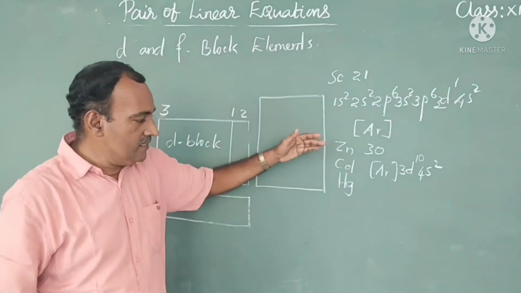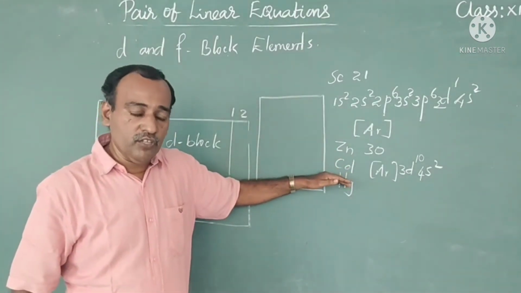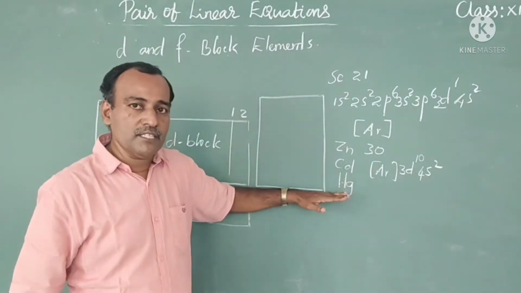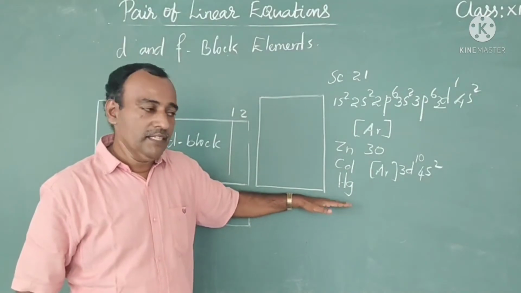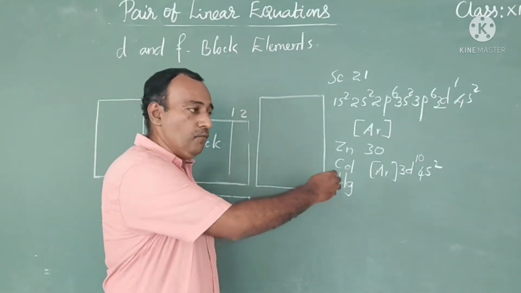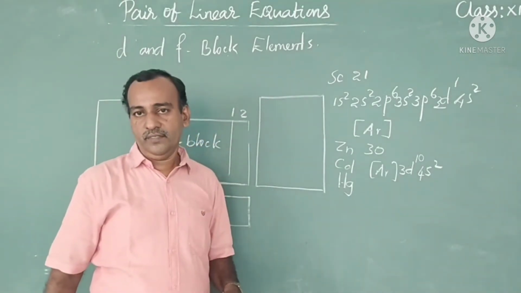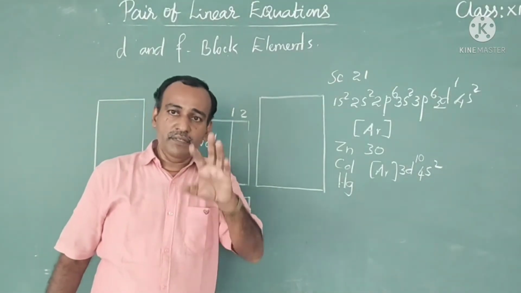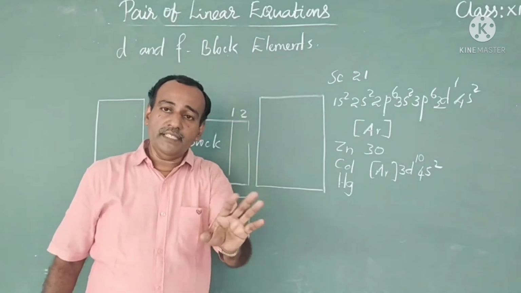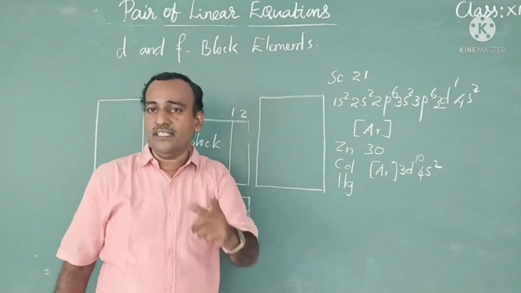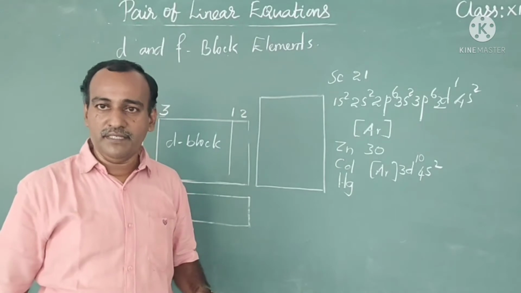The same is the case when we write the electronic configuration of cadmium as well as mercury. Cadmium contains 4d10. Mercury contains 5d10. So the elements which contain completely filled d orbitals are not considered as d block elements.